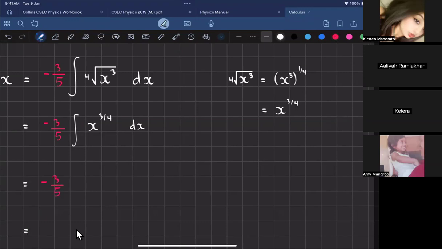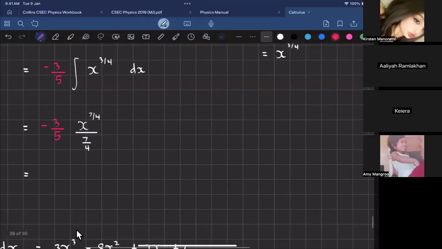Right, so in the next line, we are going to actually integrate. Now to integrate this, you're going to add 1 to the power. And if you add 1 to 3/4, what power do you get? You get 7/4, divided by 7/4.